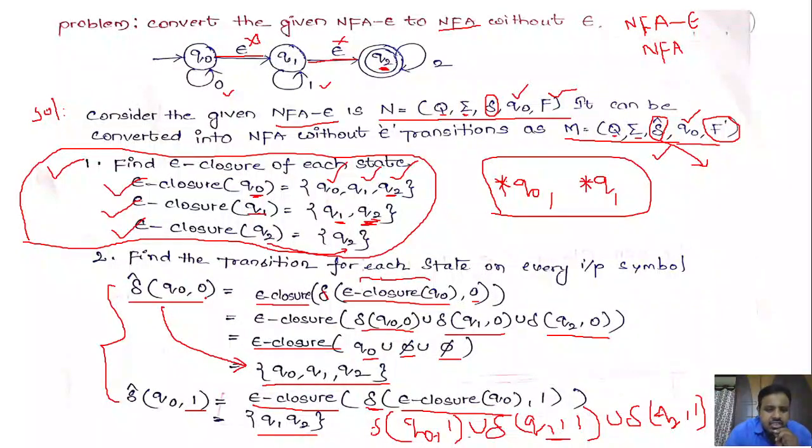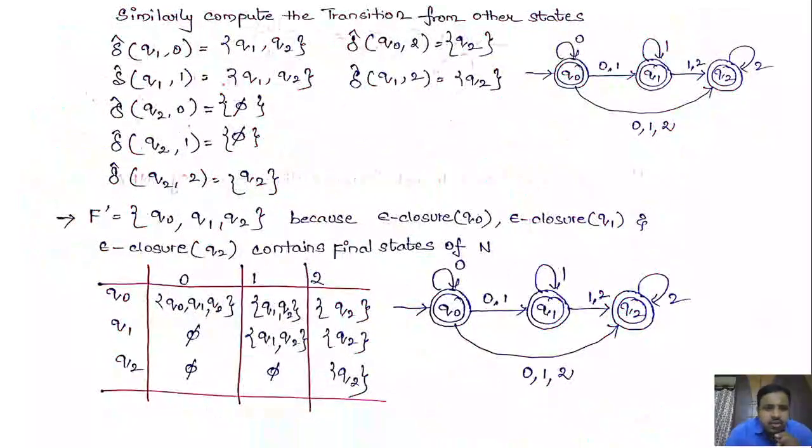So that is the reason we are calculating the transition for 0 and 1 from each state. Okay. Next one. If we calculate delta cap of q1 on 0, you will get q1 comma q2. Delta cap of q1 on 1, you will get q1 comma q2. So this is the way in which we can calculate q1 on 0 and q1 on 1.